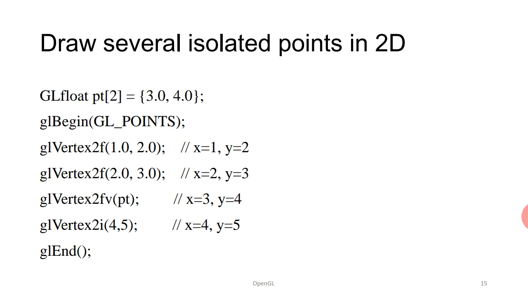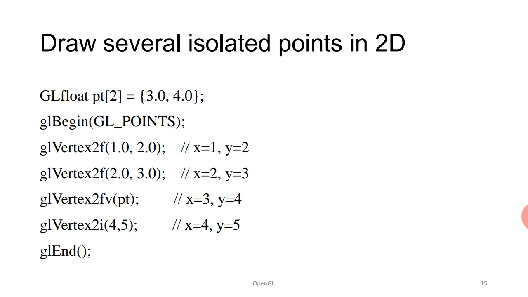For example, you can declare an array using GLfloat, a point array pt, which takes 2 values, 3.0 and 4.0. So either you can store the pixels in the array of type GLfloat, or you can directly specify the pixels.